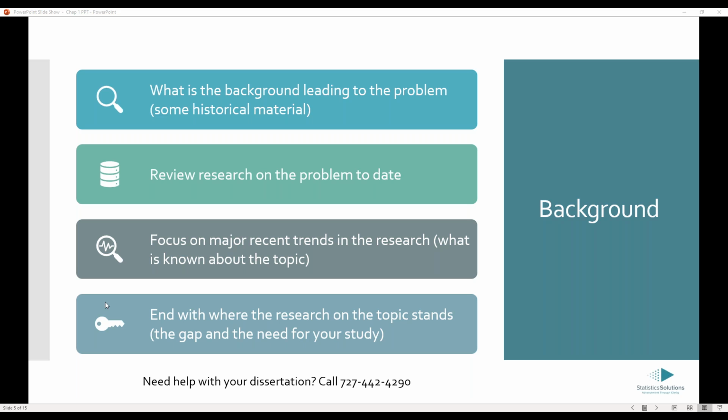You can also ask your chair. Your chair may have some good recent examples. They usually do. They're usually proud of some of their past students' work, and they're happy to give you examples if you ask them. But yeah, ProQuest would be the place to look for dissertations to look at as examples.